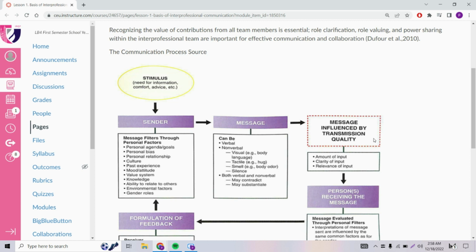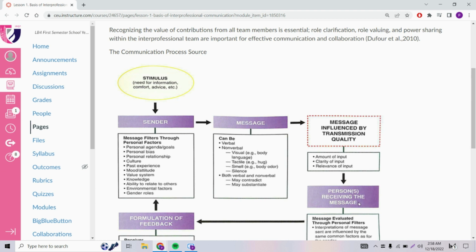Now, the message could be influenced, class, by transmission quality, the amount of input, the clarity of input, the relevance of input. Itong amount, clarity, relevance, class, di ba ang mga messages nyo, they could come in different forms. And sometimes, kapag ang patient hindi nila na-explain ng maayos or even other professionals, yung instructions or yung gusto nilang iparating, it could lead to different interpretation.